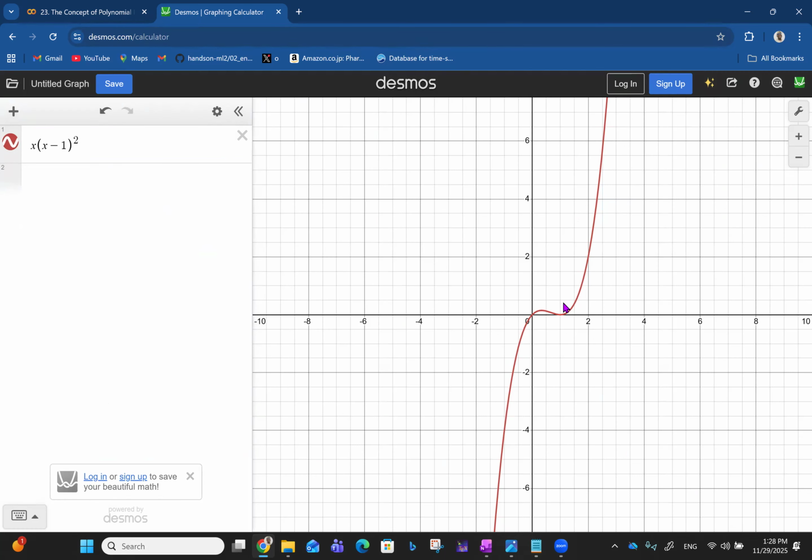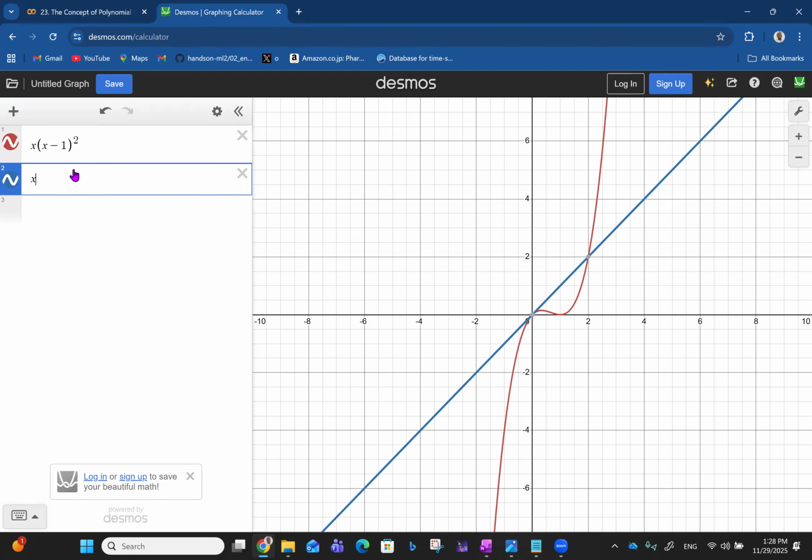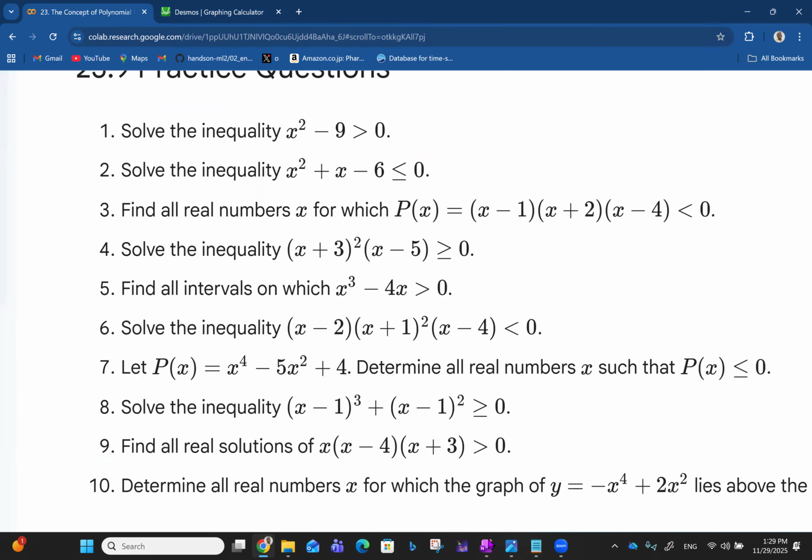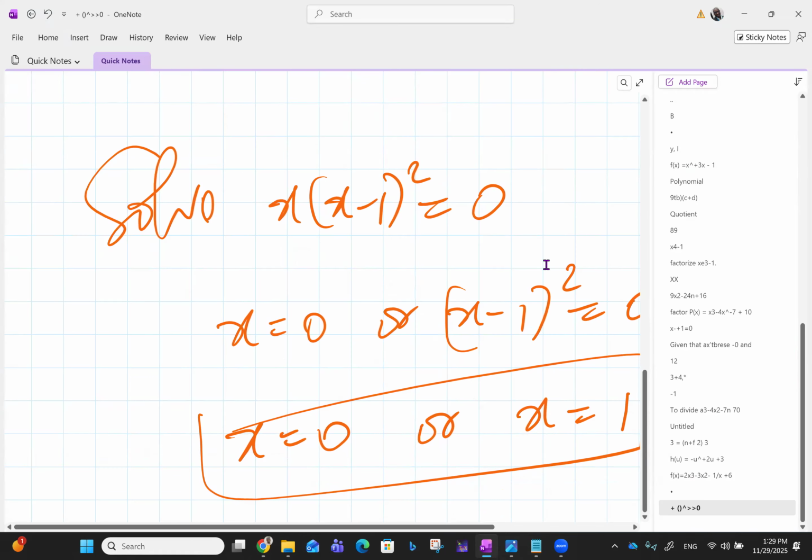It is greater than 0 where x is greater than 0. That's where that function is greater than 0, easily, based on the plot. So where x is greater than or equal to 0, that expression is always greater than 0.